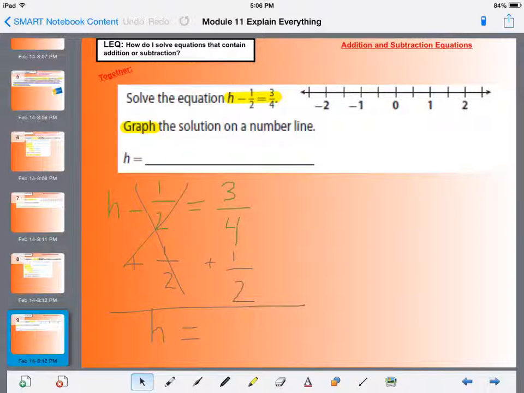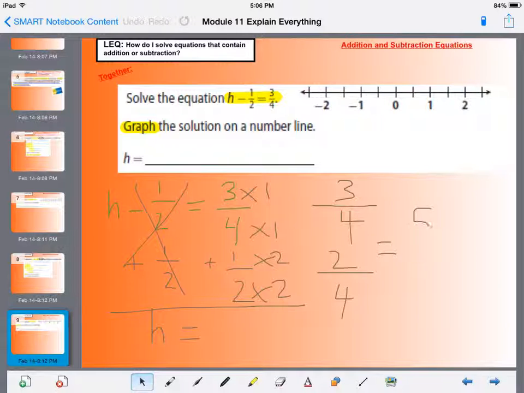H equals, and we're going to have to find the least common denominator here, which is 4. Everything here is going to remain the same because this is times 1. And here this is times 2, so this becomes 2/4. So 3/4 plus 2/4 is the same as 5/4. And if we're asked to graph that on the number line, that is the same as 1 and 1/4 or 1.25.